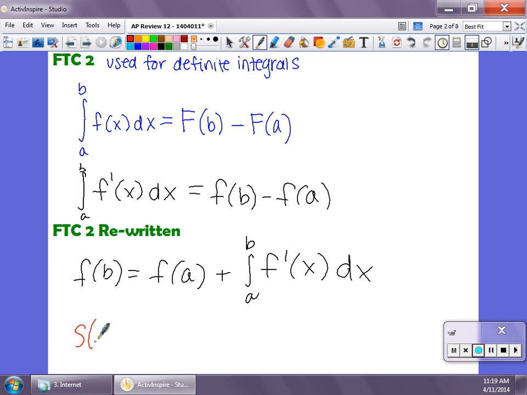At this point, I would hope that you remember if I ask you to find where the particle is at time equal to 7, you need to know some point where it started. I don't care what time, but I need an initial point, and I need to know the velocity. You need to know that information.